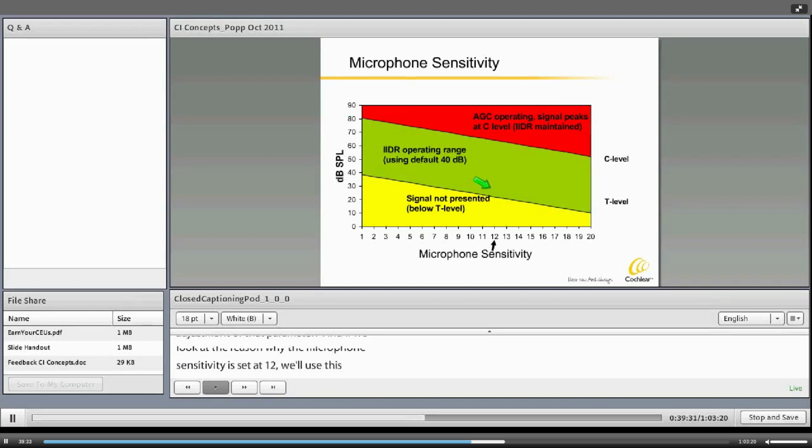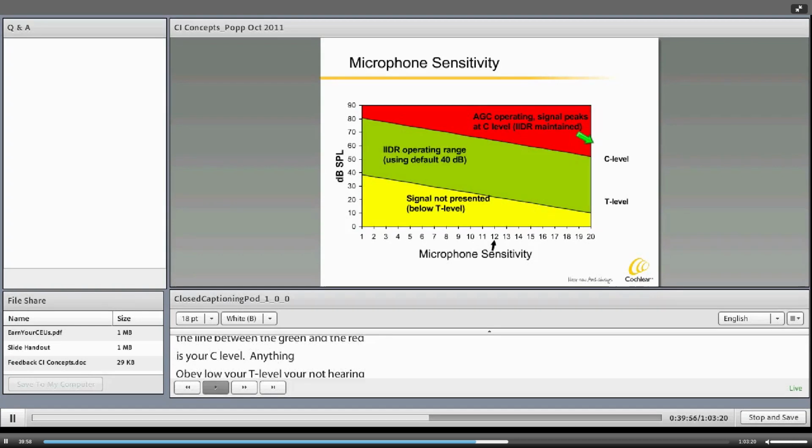If we look at the reason why the microphone sensitivity is set at 12, we'll use this graph. When I'm looking at this graph, the line between the yellow and the green is your T level, and the line between the green and the red is your C level.